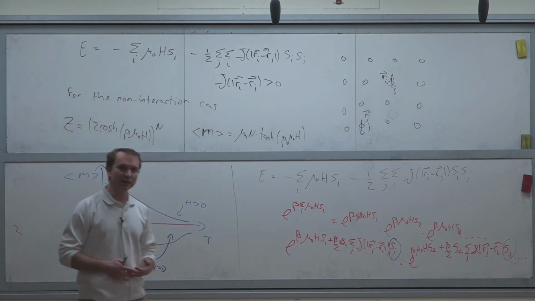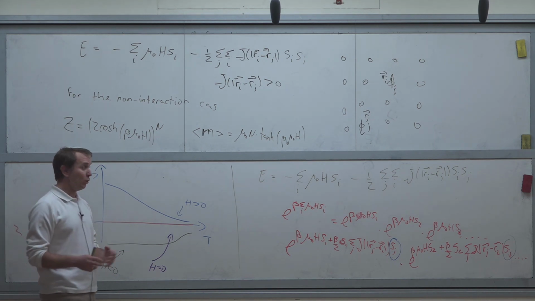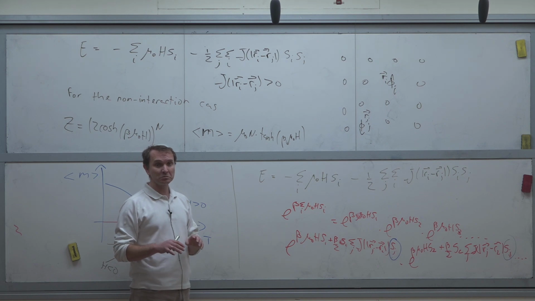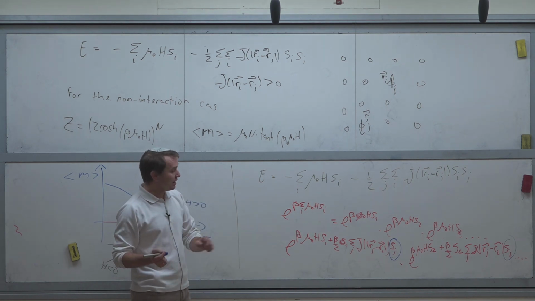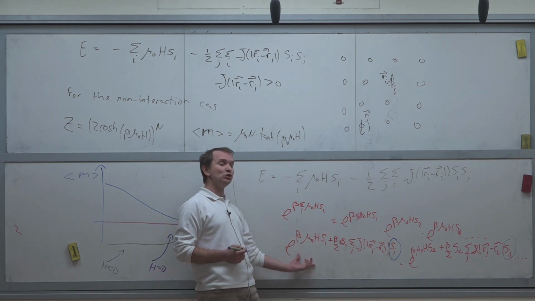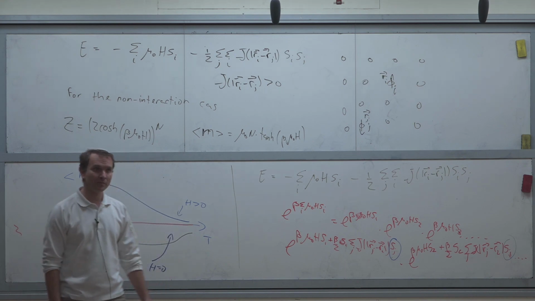Now, what has to be done? We need to find some sort of representation of the original spins, use some other variables, such that eventually we'll obtain a multiplication of independent terms, of independent exponentials.